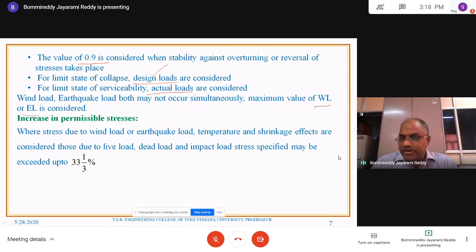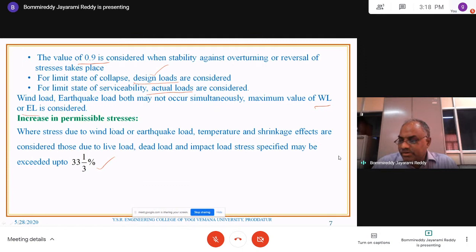And increase in permissible stresses. Where stresses due to wind load, earthquake load, temperature effect, shrinkage effect are considered, along with those due to live load and dead load, the stresses specified may be exceeded by 33%.